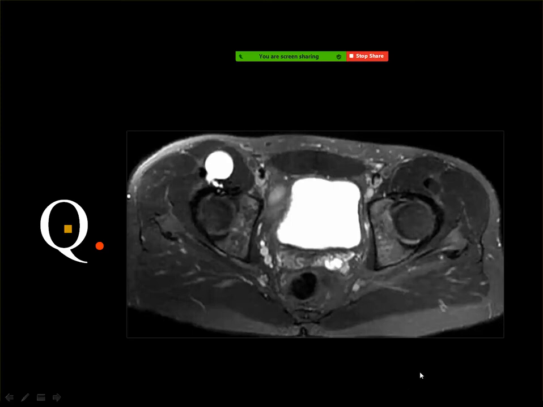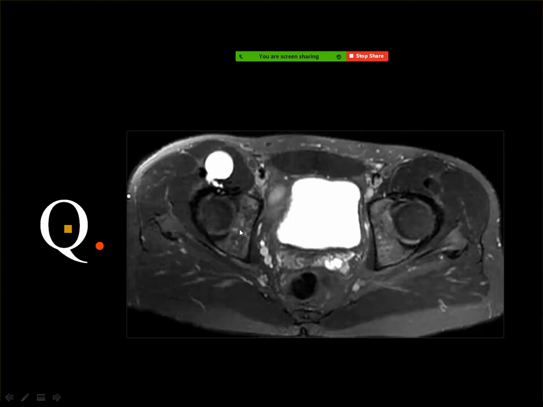And this is an MRI of the pelvis, T2 weighted image. Iliopsoas bursa. Yes, and this is an iliopsoas bursitis. You know that the iliopsoas bursa can contain fluid in one of two ways. Number one, it may be inflamed.